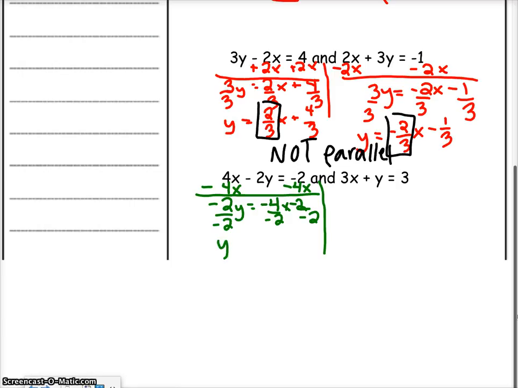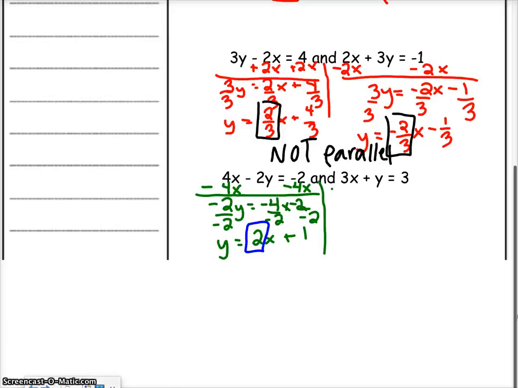Okay, y equals positive 2x plus 1. Why did I turn it to plus? Because I have the 2 minuses there. This turned to positive because I have the 2 minuses. That's my slope. Next one's way easier.